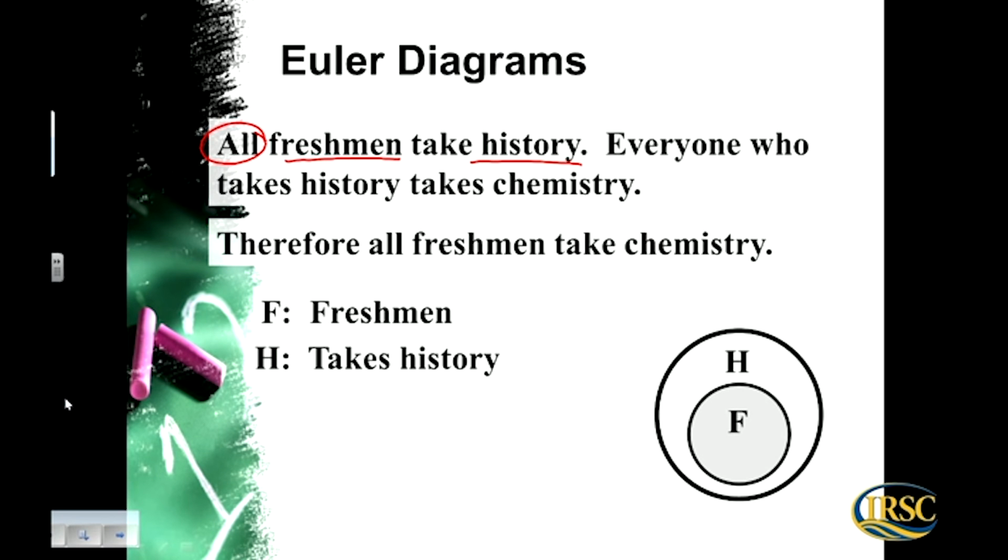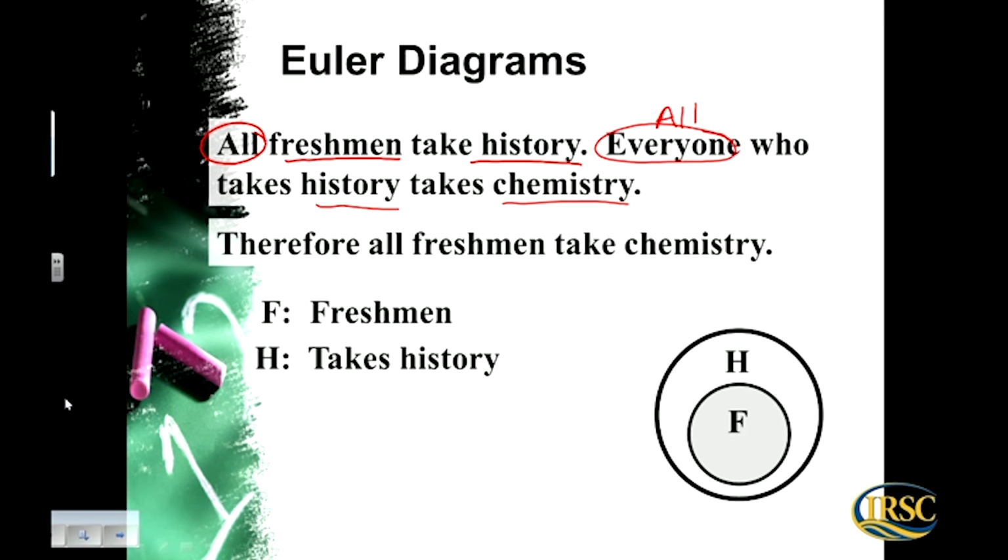Okay, now we go to the second statement, and we have everyone who takes history takes chemistry. So what's the key word there? Everyone, which is the same as all. Okay, so then the two things that we're focused on are those who take history and then those who take chemistry.